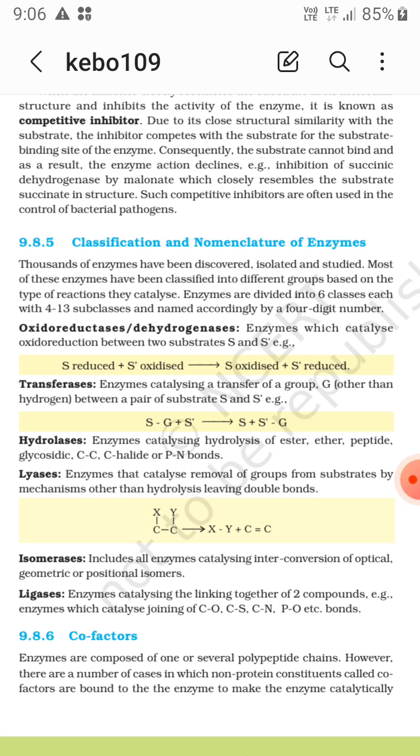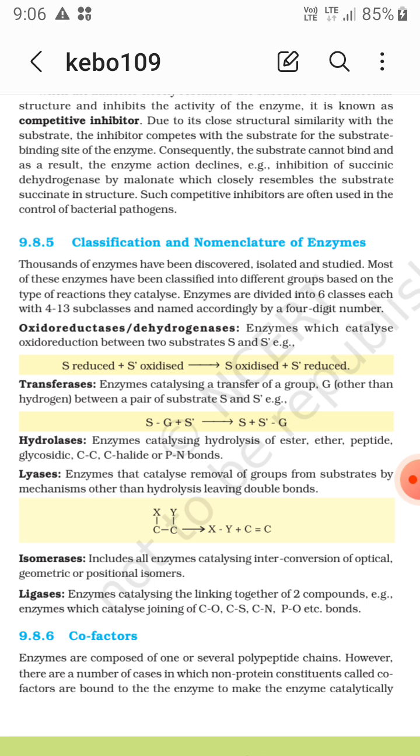Now lyases, that is the fourth class. Enzymes that catalyze removal of groups from substrates by mechanisms other than hydrolysis, leaving double bonds. Now see, enzymes that catalyze removal of groups from substrates by mechanisms other than hydrolysis, leaving double bonds.